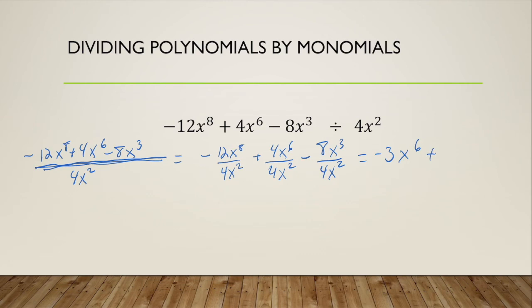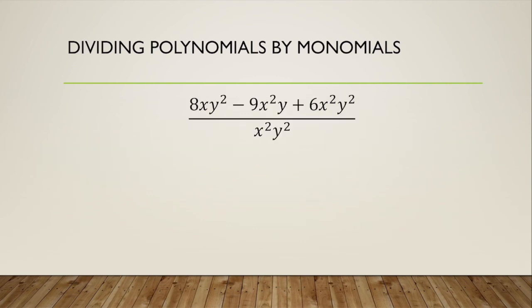That's a coefficient. We don't write 1 as a coefficient, remember. If I've got x to the 6th divided by x squared, that's x to the 4th. Minus 8x cubed over 4x squared. 8 divided by 4 is 2. X cubed divided by x squared is x. So there's our fully simplified polynomial divided by a monomial.